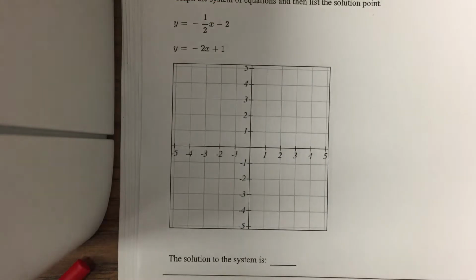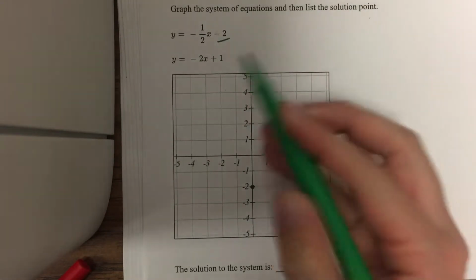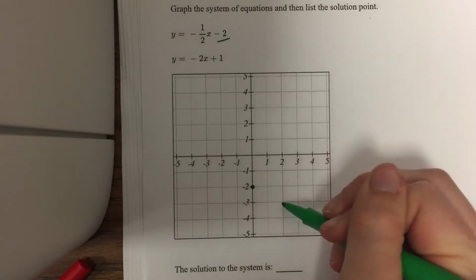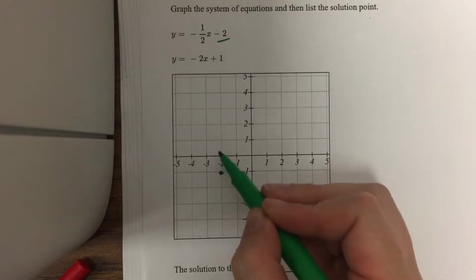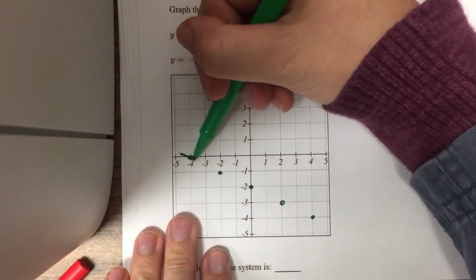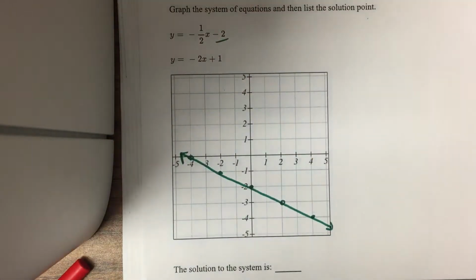Let's try another one. We have our y-intercept is negative 2. Slope, down 1 over 2. I'm doing this one a little bit different so I can graph my line better. Ha, that's better.